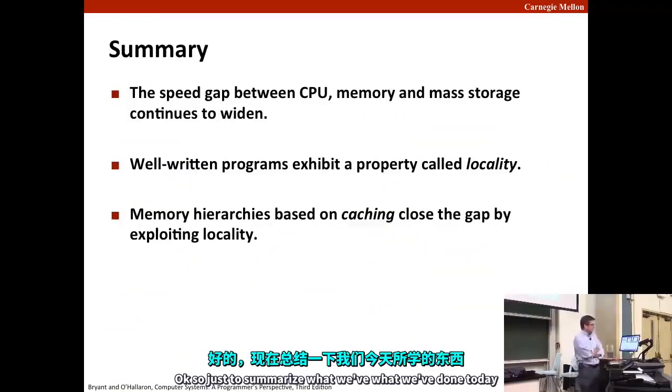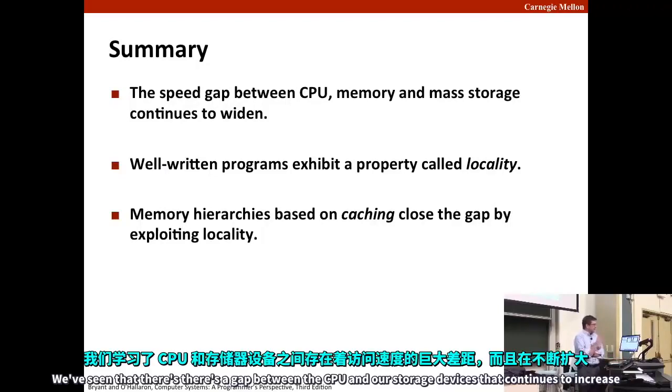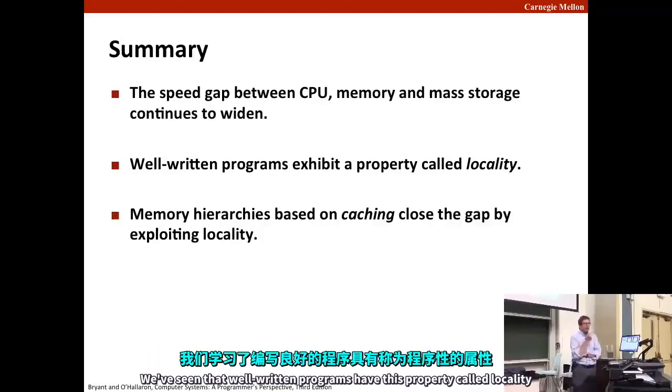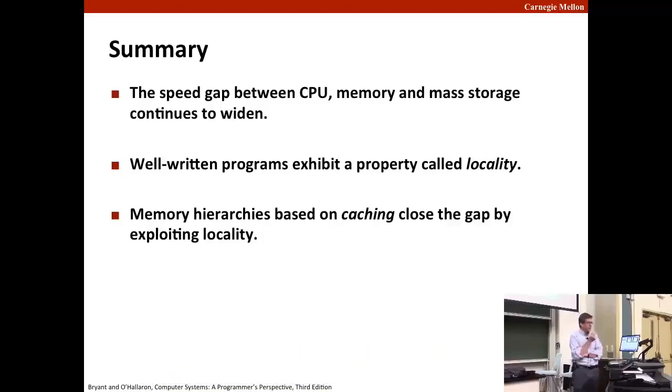Just to summarize what we've done today, we've seen that there's a gap between the CPU and our storage devices that continues to increase. We've seen that well-written programs have this property called locality.